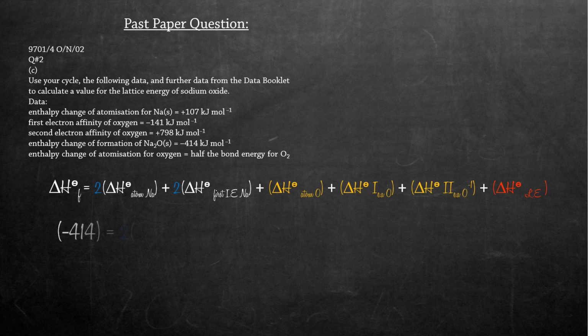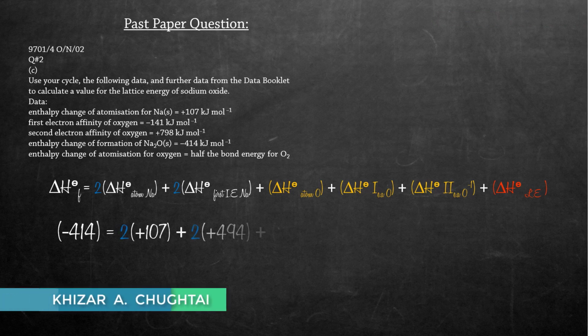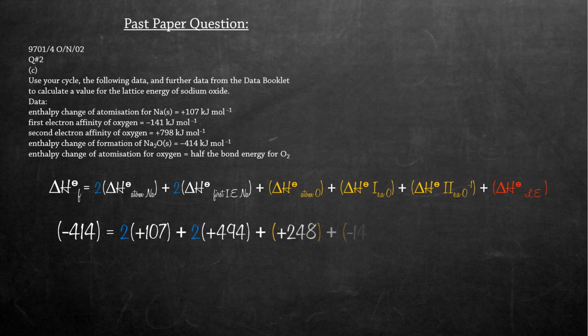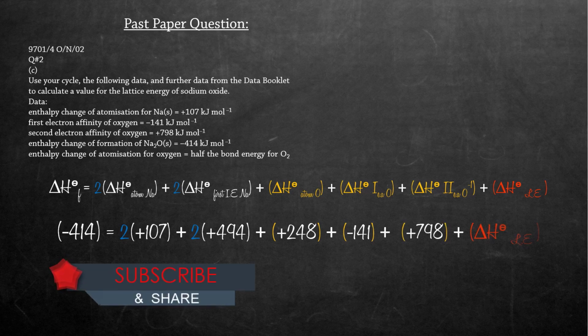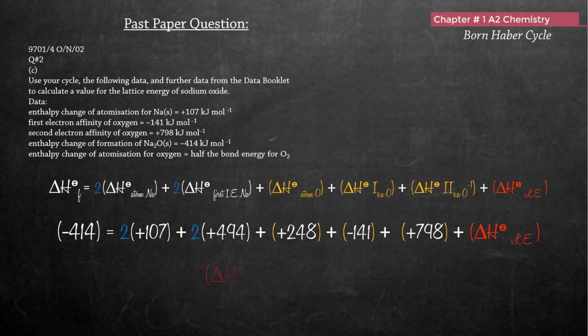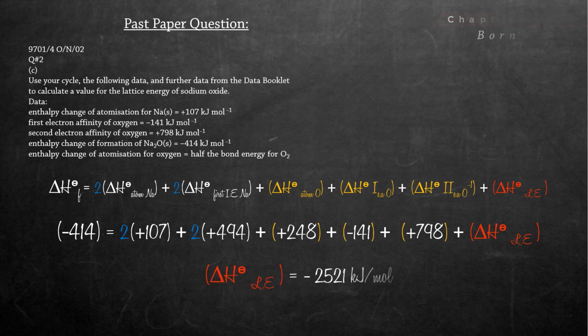Just put the values of enthalpy of formation, enthalpy of atomization, enthalpy of first ionization energy of sodium from data booklet, enthalpy of atomization of oxygen from bond energy data, enthalpy of first electron affinity, enthalpy of second electron affinity, and after doing the simple mathematics, we can solve this equation, and answer is minus 2521 kilojoules per mole, the enthalpy of lattice energy.